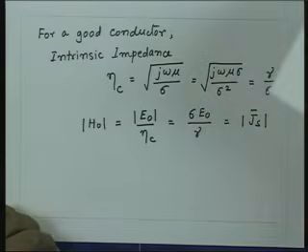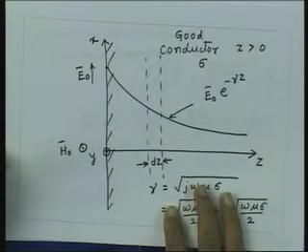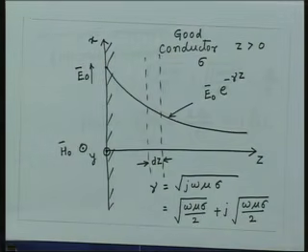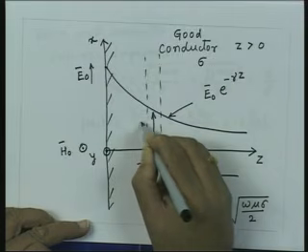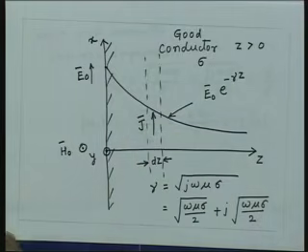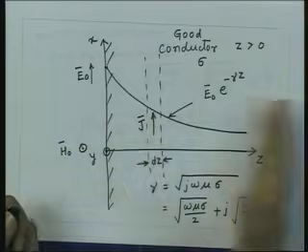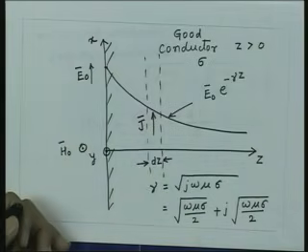The second thing which we want is that the n cross H must be giving you the surface current direction. Now, again come here, in this case, since the electric field was in this direction, the conduction current density J was in that direction, and we have integrated this J over depth to get a surface current.